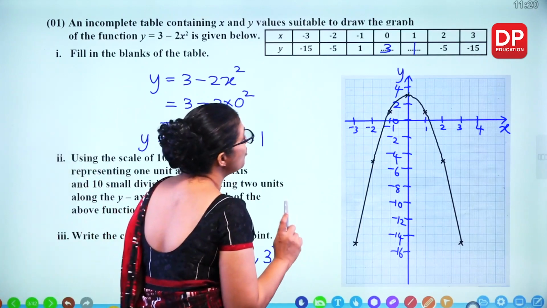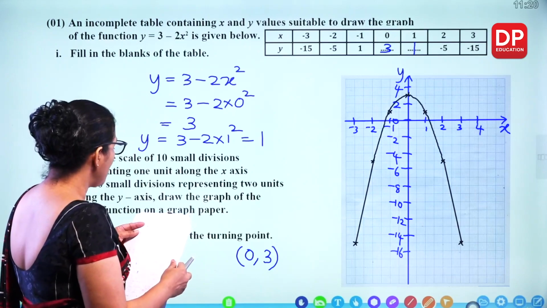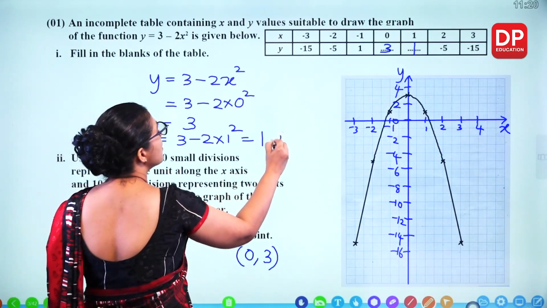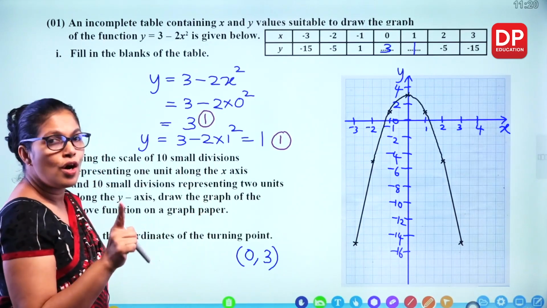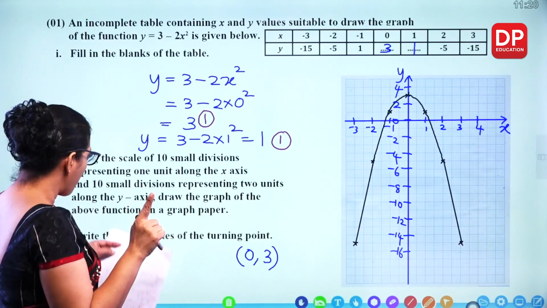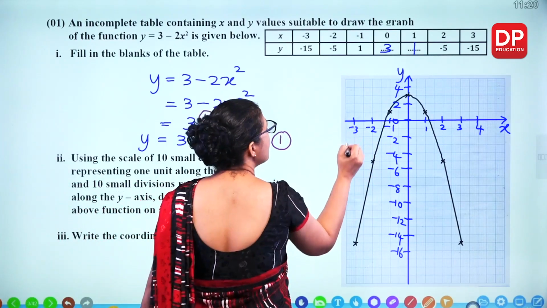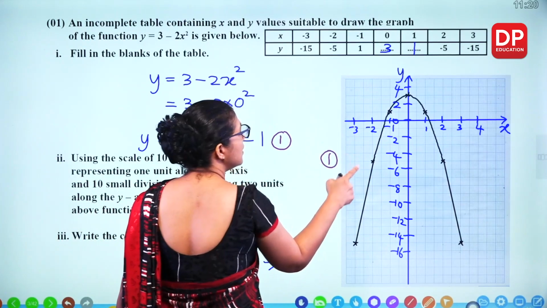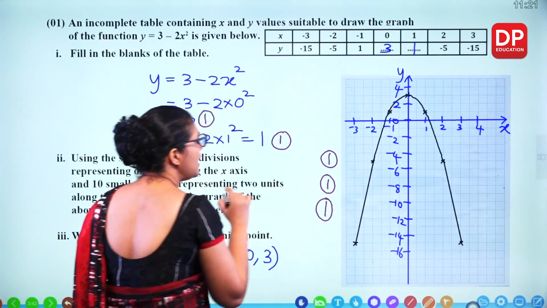Now we'll see how you get marks for this. According to the marking scheme, you get 1 mark for finding this value and this value. So 2 marks for first part. And then always for the scale 1 mark, marking the points 1 mark, and connecting smoothly 1 mark.